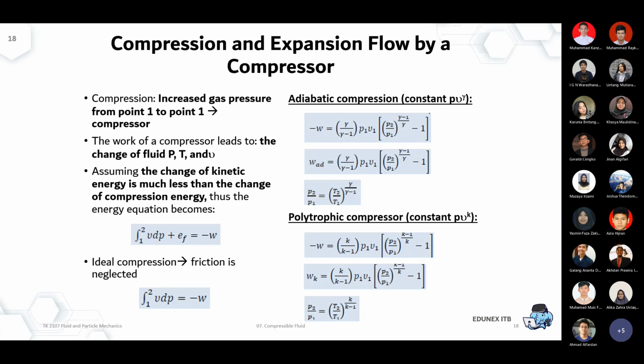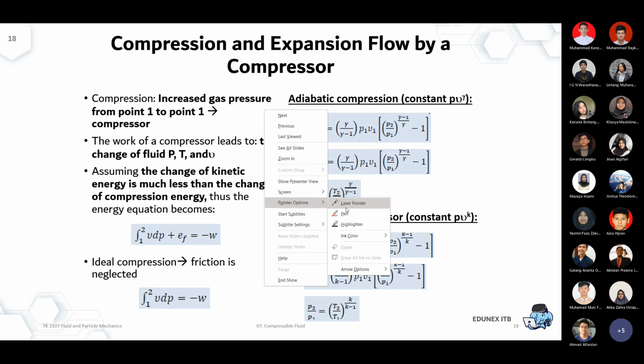So I will try to finish this compressor part today, or if not possible, then on Tuesday, and then we will go into the last section before the next exam, which is gas and liquid two-phase flow.